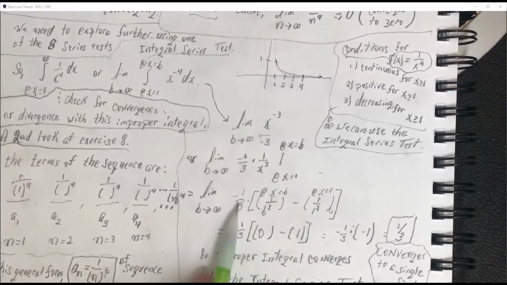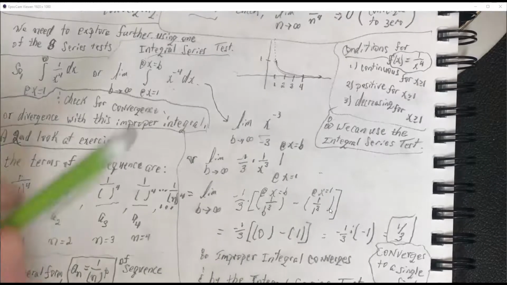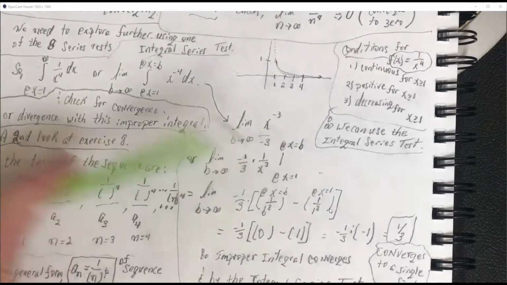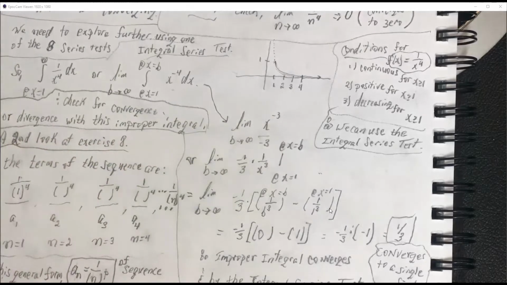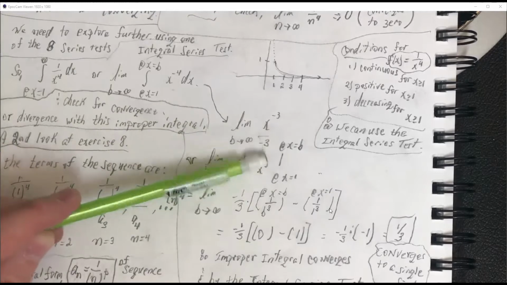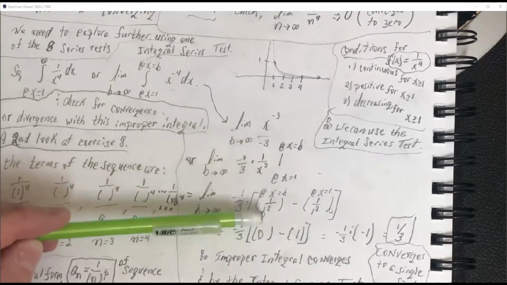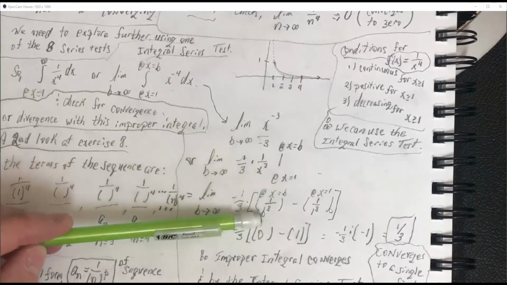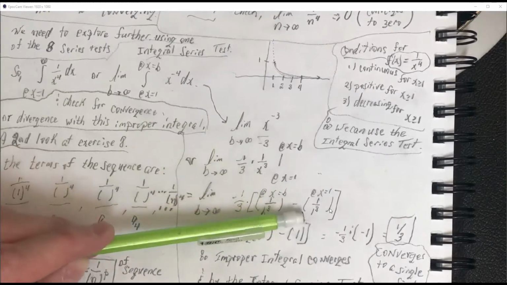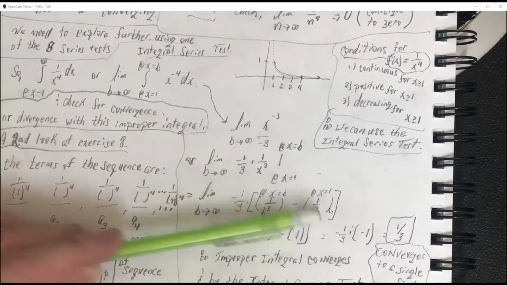So -1/3, the limit, we're still waiting until we have substituted in the upper and lower limits of integration. And when we put in, instead of x cubed, it's going to be 1 over b cubed, since the upper limit is b. And then the same thing over here, 1 over 1 cubed.